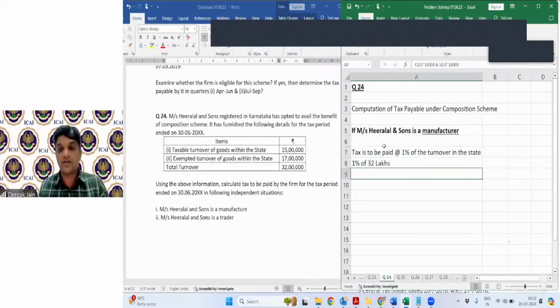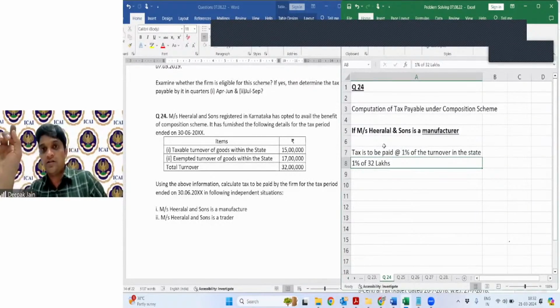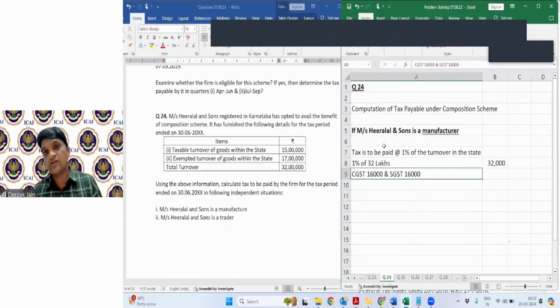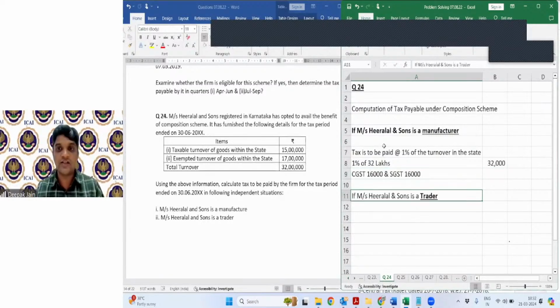Doesn't say taxable turnover or anything. And my turnover in the state is total turnover. I will not take only taxable turnover because the definition for rate uses the word 1% of the turnover. So 1% of 32 lakhs makes it 32,000. 16,000 CGST and 16,000 SGST.